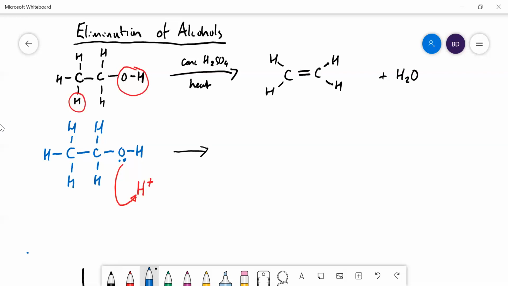So that will now be, all these bits don't change, do they? That's all the same. Now we've got the oxygen, it's got two protons attached.